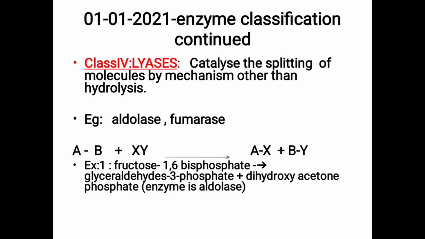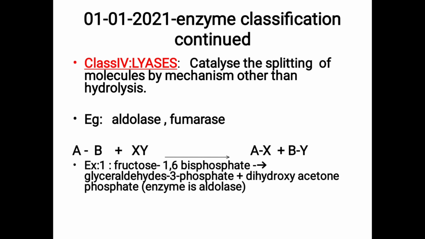Examples for lyases are aldolase and fumarase; these enzymes come under metabolism. Example 1: fructose 1,6 bisphosphate gives glyceraldehyde 3 phosphate plus dihydroxyacetone phosphate.